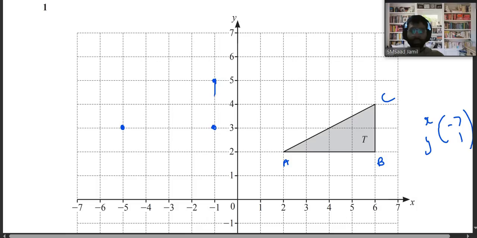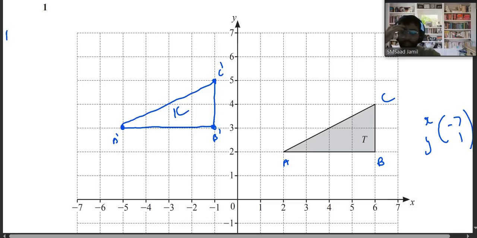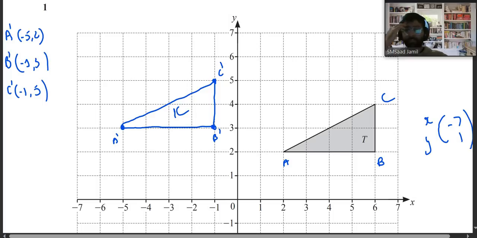So hence guys, we have translated by the vector and it becomes A prime, B prime, C prime, and you can call this K. So the coordinates are A (-5, 2), B (-1, 3) and C (-1, 5). Perfect. Let's move on to the next part.